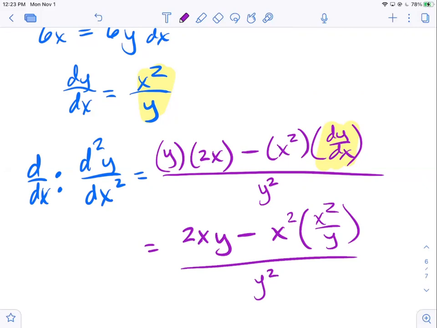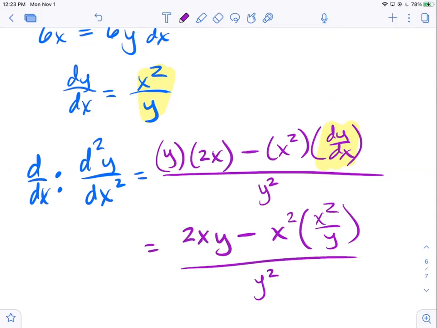No. Okay. So now you would get full credit because now it's in terms of x and y. So that one little extra step. And notice, to be able to substitute dy dx in there as x and y, we had to solve for it first, right? So that's another reason why if you go on to the second derivative, you want to solve for dy dx before you proceed.